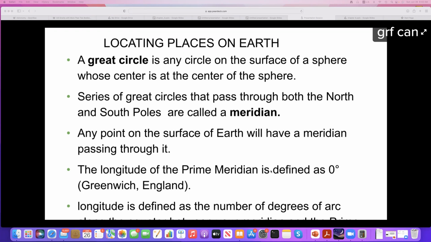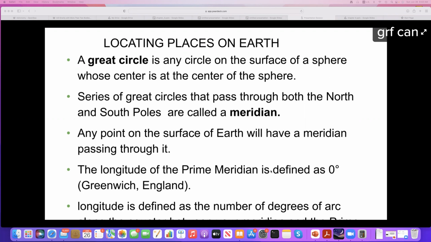Actually, the longitude is defined as the number of degrees of arc along the equator between your meridian and the prime meridian, right? So we have defined what the prime meridian is, and then you have your own meridian, and the number of degrees between the prime meridian and your meridian will be defined as the longitude, and I will show an example in the next slide.